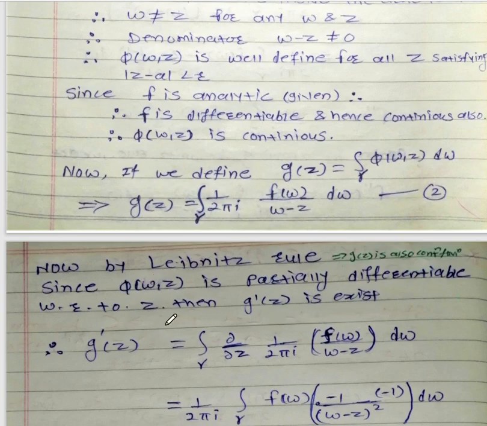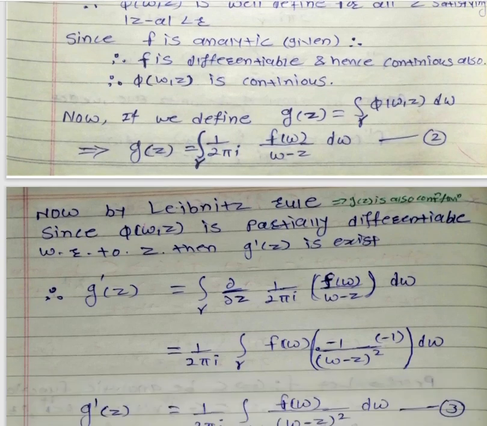So by using the Leibniz rule, since f of w is an analytic function, f of w is differentiable as well as continuous, and g of z is also continuous. Hence its partial derivative exists. Therefore g dash of z equals the integration over gamma of del by del z of 1 upon 2 pi i, f of w upon w minus z, dw.